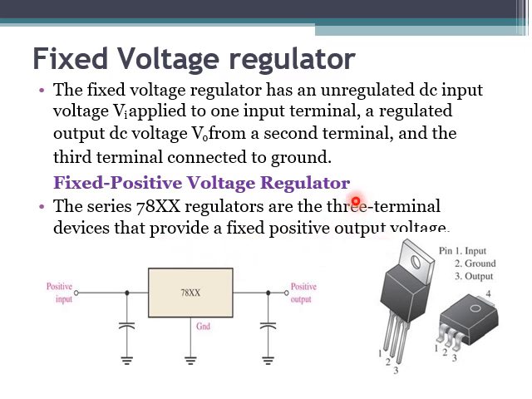The fixed voltage regulator has an unregulated DC input voltage VI applied to the first terminal, a regulated output DC voltage V0 from the second terminal, and the third terminal is connected to the ground. Clear?